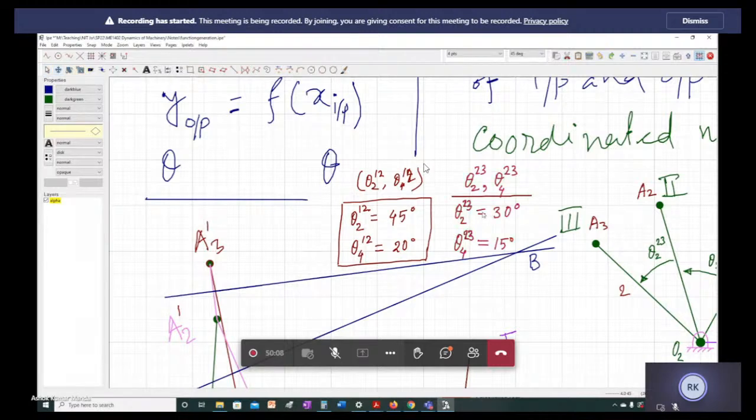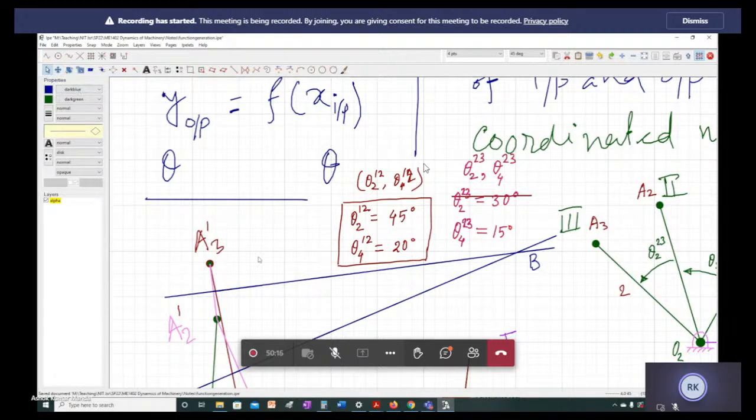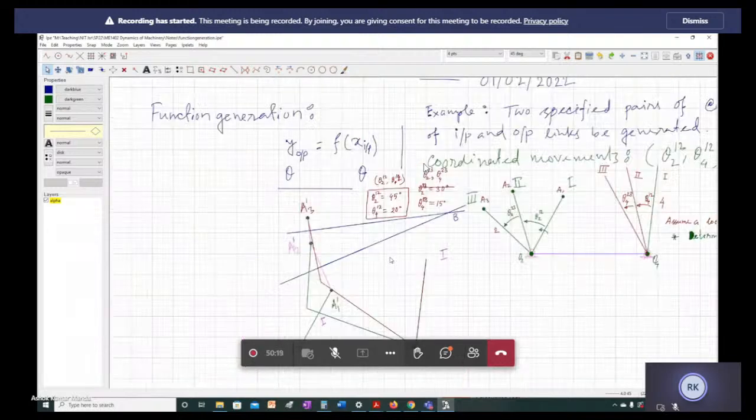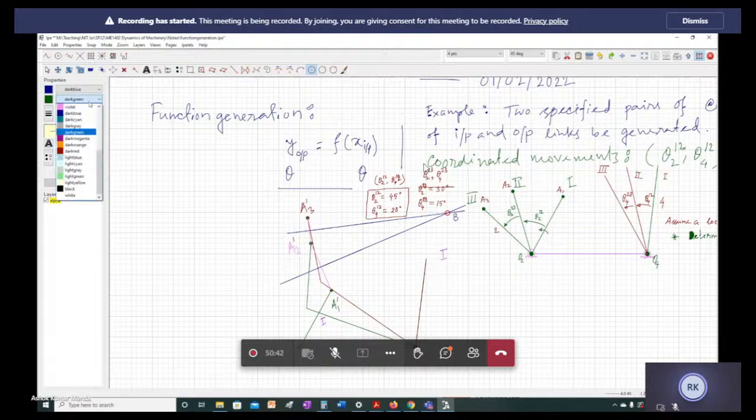Let's see it. Okay, now let's see. So this is the intersection point. This intersection point is the other point. So how our purpose will be fulfilled.